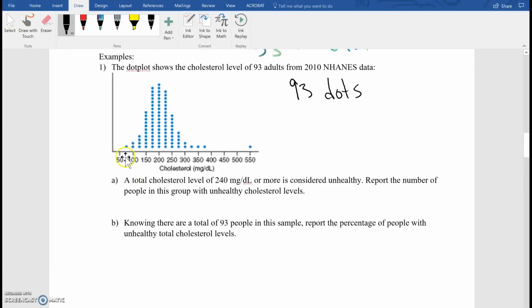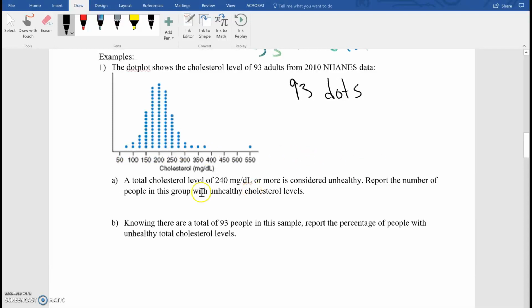Each individual tick mark represents a cholesterol level. Notice that the number in the middle, between 50 and 100, will be 75. You can figure that out if you keep going.